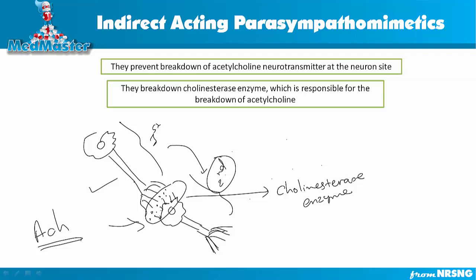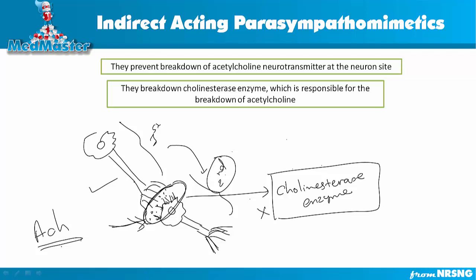Now, what if we block this enzyme? If we block this enzyme, acetylcholine will be present in this gap for a longer period of time, and it will be able to deliver the message repeatedly onto the second neuron. So it will increase the effect of the parasympathetic nervous system, because acetylcholine is the parasympathetic nervous system's neurotransmitter.